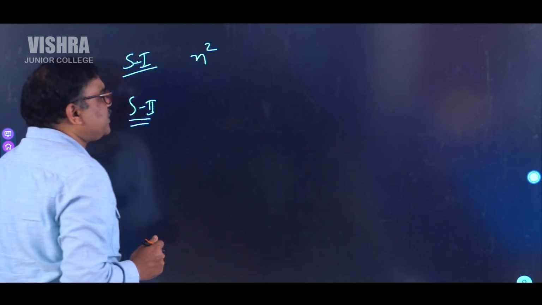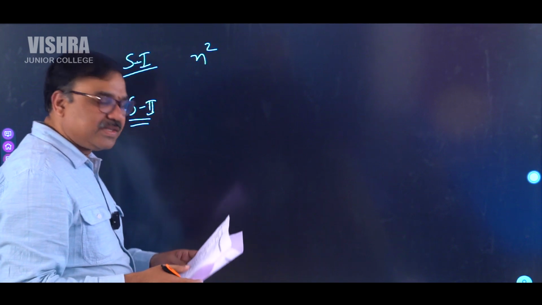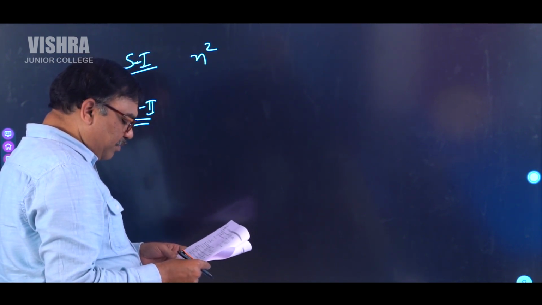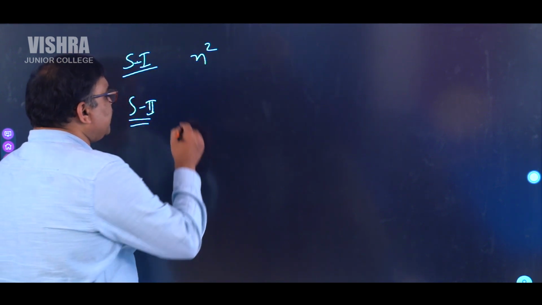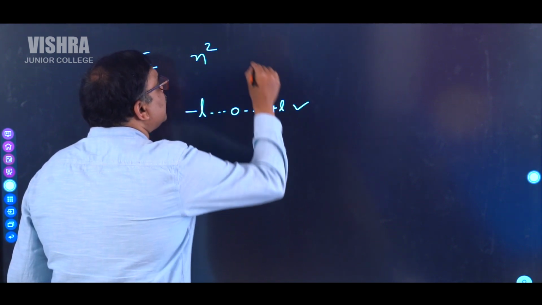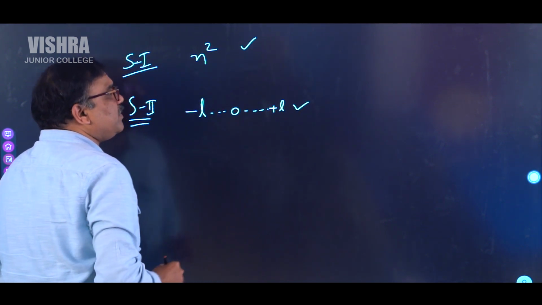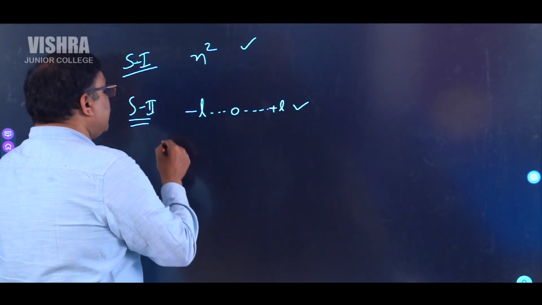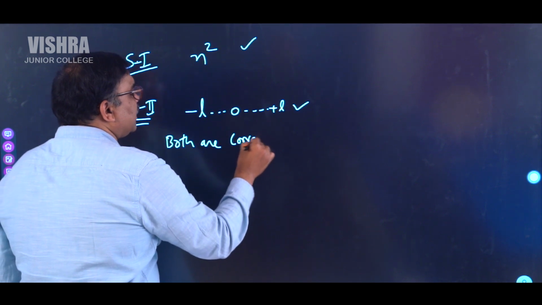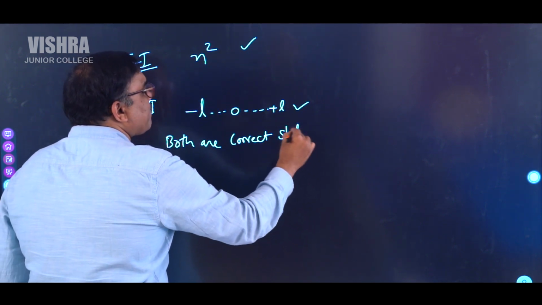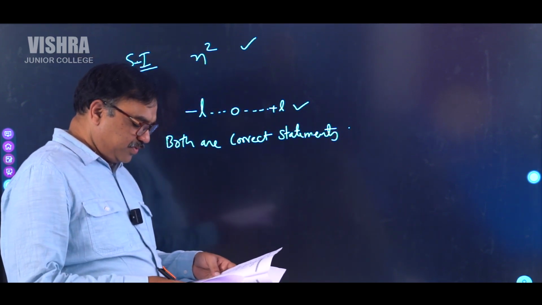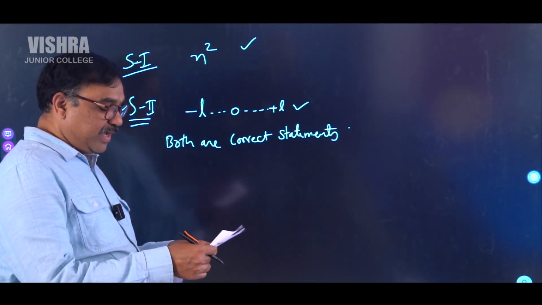Then, for a subshell, possible orientations are from minus L, 0 and so on up to plus L. This is also correct. For a subshell, L will be given. For the main shell, N will be given. So, both are correct statements. Like that, we can explain the statements. So, let's move to the 8th question.